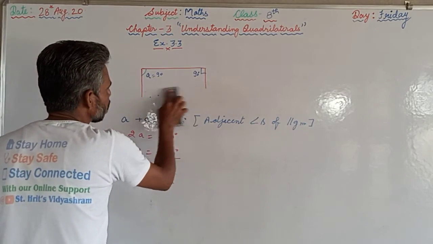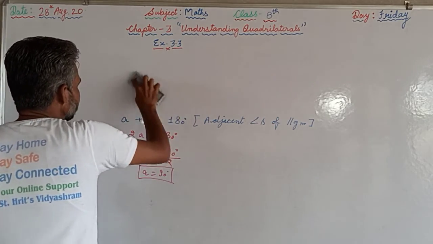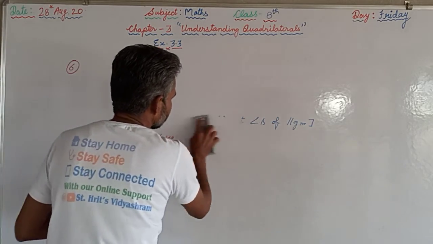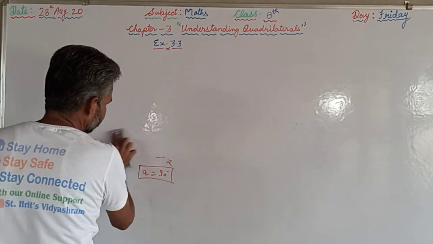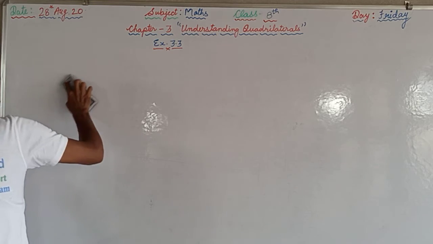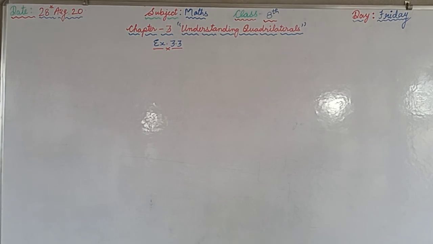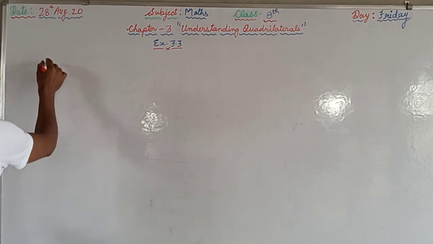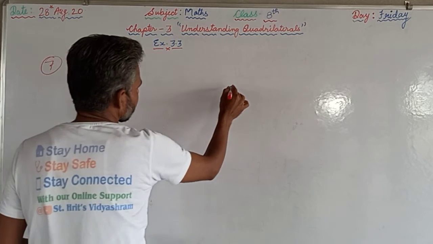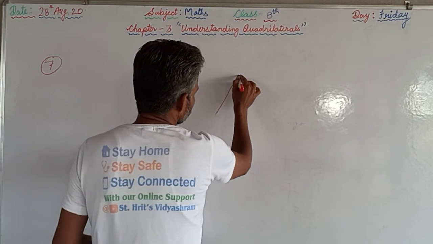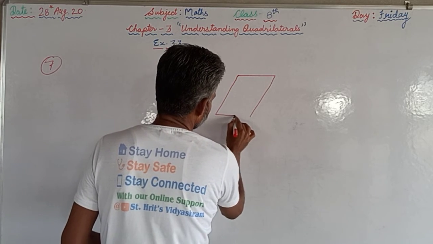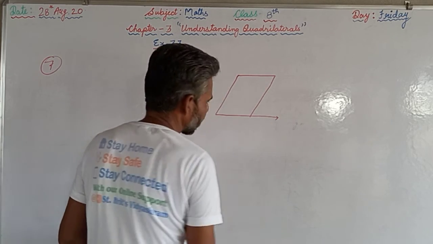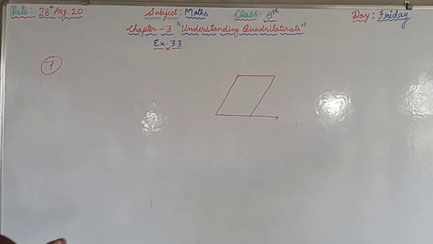Afterwards we will discuss one more question, that is question number 7. In question number 7, one figure is given, and the name is HOPE.